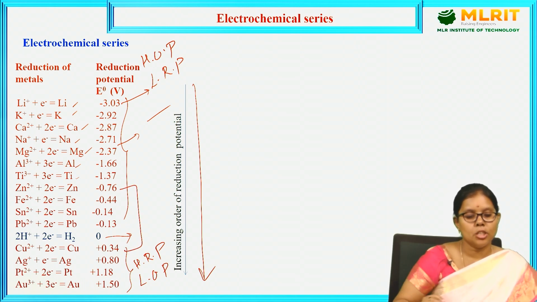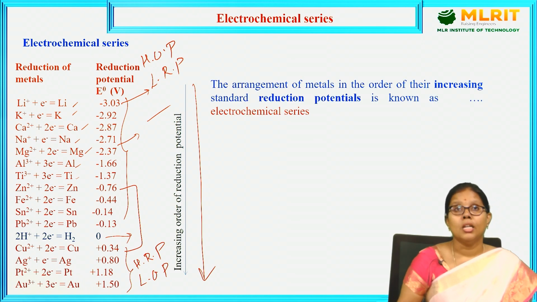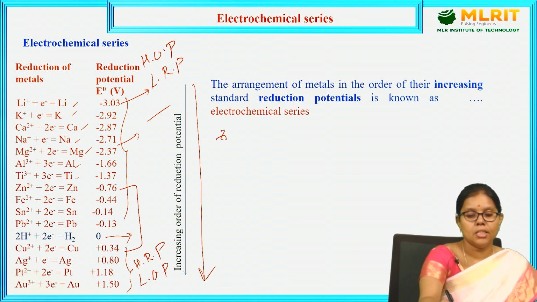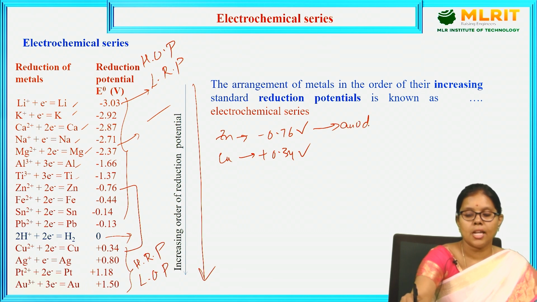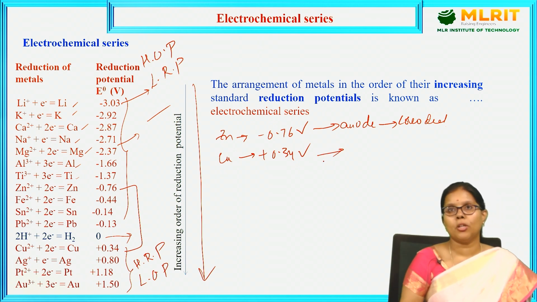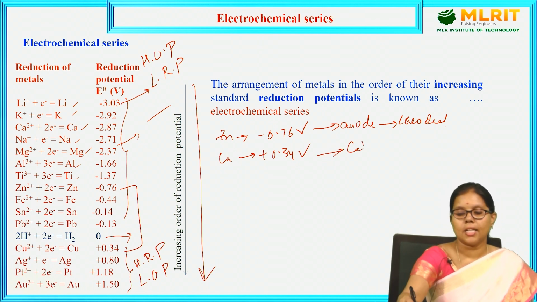The zinc potential is minus 0.76 volts, whereas the copper potential is plus 0.34 volts. So zinc is going to be oxidized, it acts as anode and gets corroded. Copper is having plus 0.34, it acts as cathode. When it is in combination with zinc, it is going to be protected.